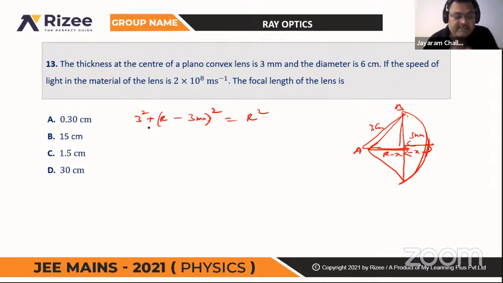From this case, we can solve it by expanding this one. This is 3 square plus R square plus 3 mm, sorry, 9 mm square, minus the other term, which is 2R into 3 mm.